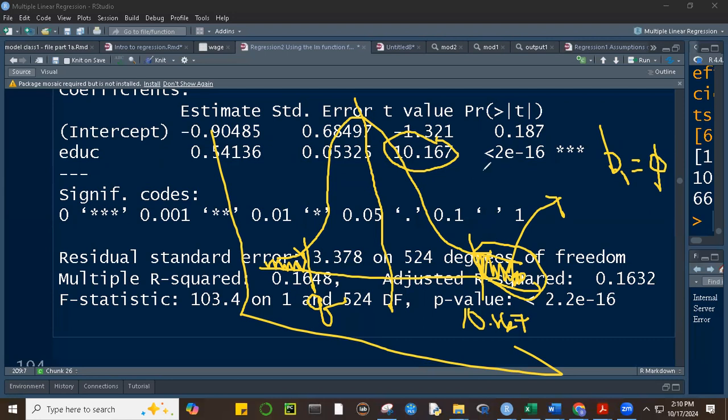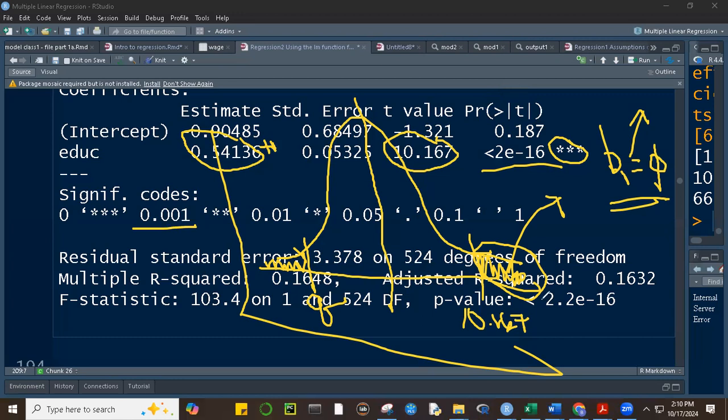Here we know the p-value already, okay, and we know that it's statistically significant. So our inference last time was we reject this. We reject the null hypothesis that your B1 is equal to 0. There's strong statistical reason to believe that B1, the slope for B1 is a value other than 0. In fact, the average is 0.54. So this is statistically significant. 3 stars. Statistically significant at 0.001.